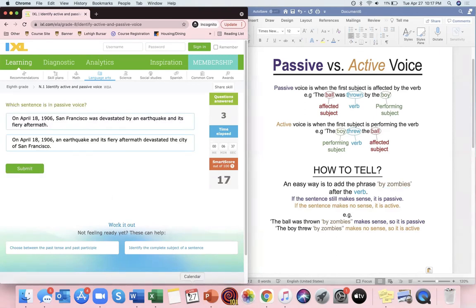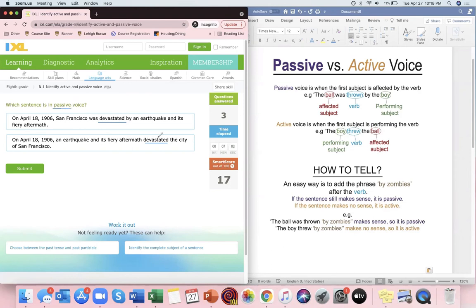All right, next example. On April 18th, 1906, San Francisco was devastated by an earthquake and its fiery aftermath. Devastated is the verb. On April 18th, 1906, an earthquake and its fiery aftermath devastated the city of San Francisco. And it's asking us to identify the passive voice.